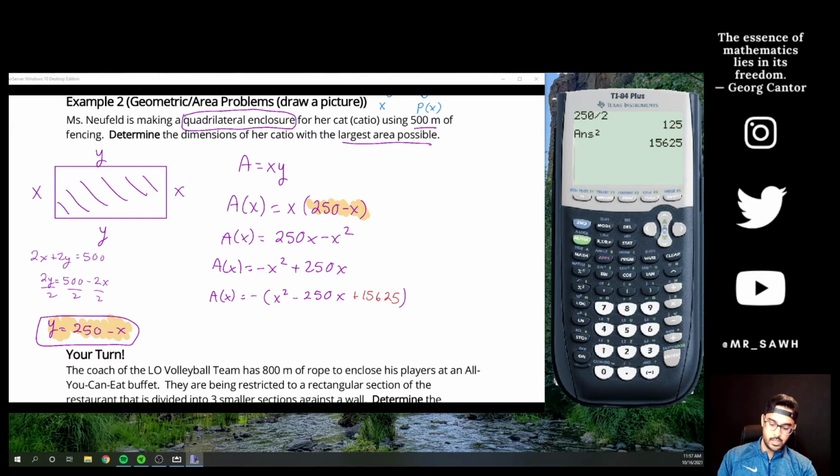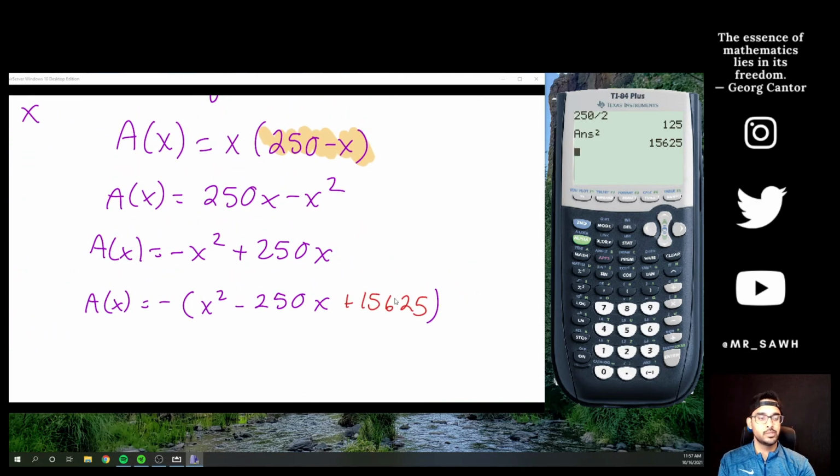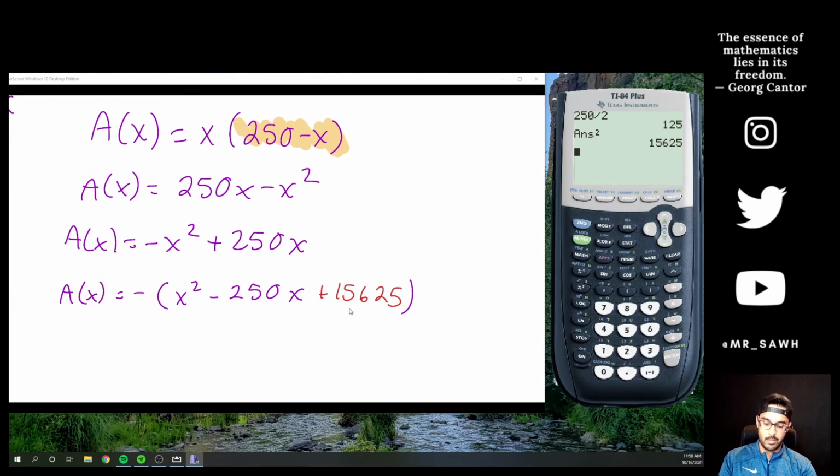Now, this is where a lot of people get confused. Since I put 15,625 into the brackets as a positive, most people will subtract that number on the other side, right? Which seems like a reasonable thing to do, positive and a negative. But you need to remember there's a coefficient outside this set of brackets that's a negative.